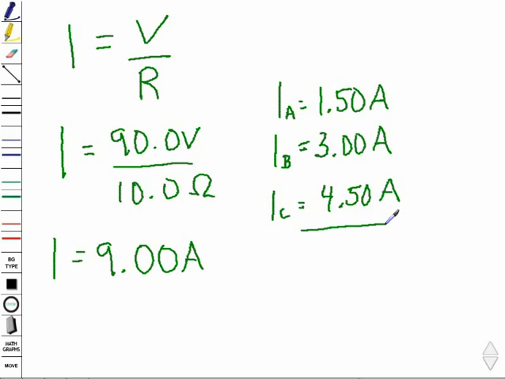If we add up our individual currents, 1.50 plus 3.00 plus 4.50, you see that we get 9 amps. So both ways you solve this problem, we get the same answer of the total current being 9 amps.